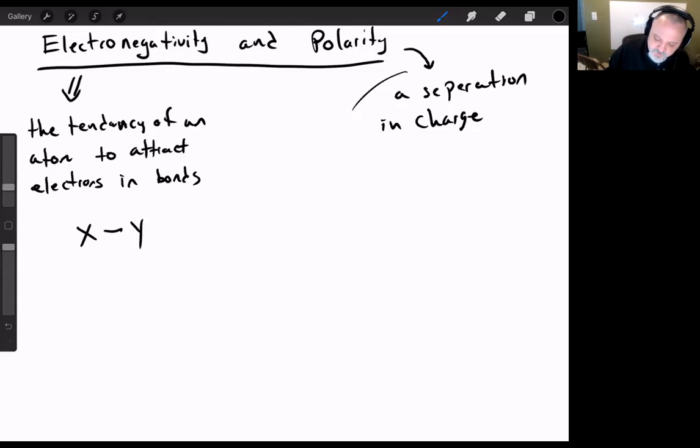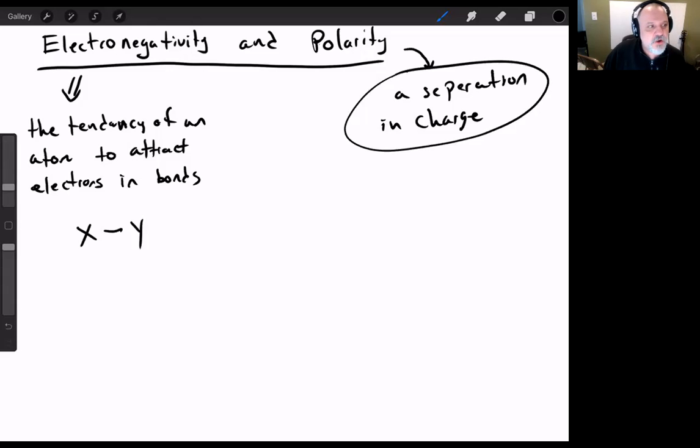And so there'll be a separation in charge. This is called polarity. Now, there is a periodic trend for electronegativity. It goes like this. You need to know this trend.